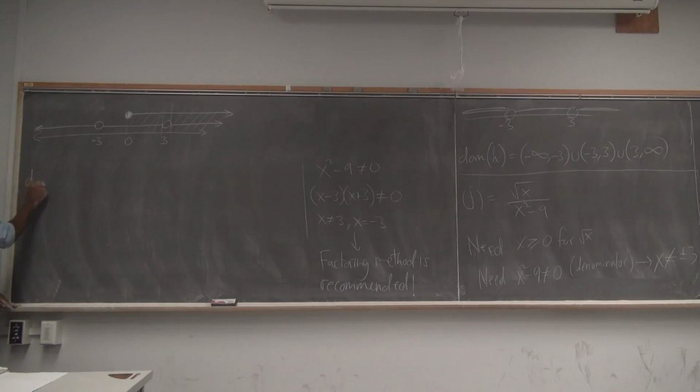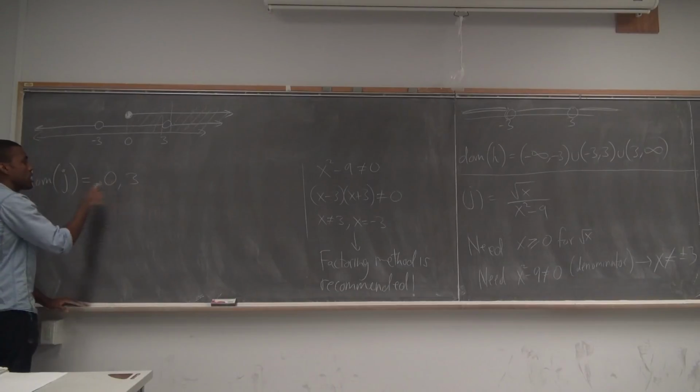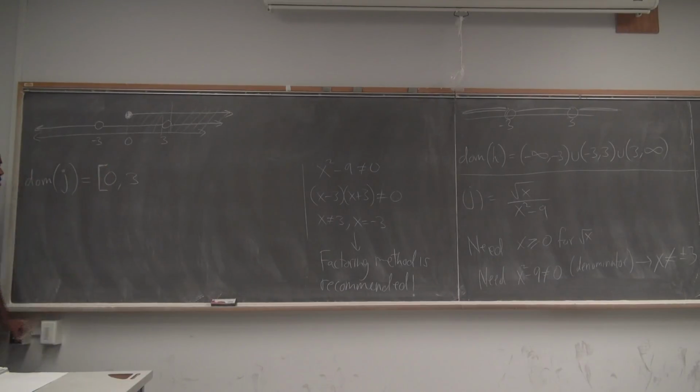So the domain of J is, it starts at 0 to 3. What are the brackets or parentheses here? 0 is closed. You write square brackets to say I can actually choose that value. 0 is a possible value to plug in, so it's included.